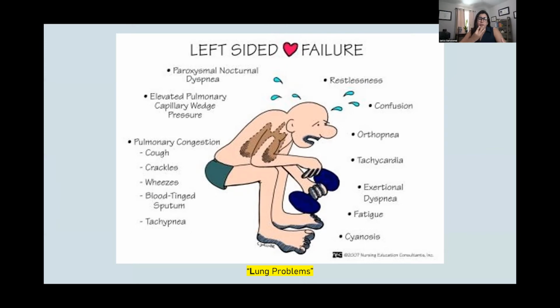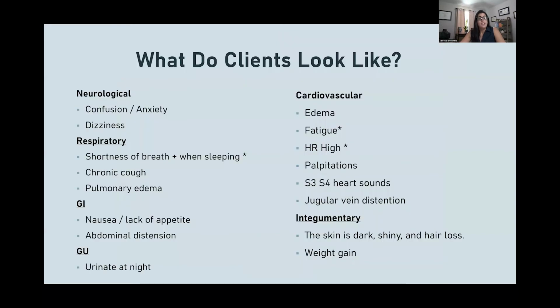You can have frothy sputum, sometimes blood-tinged because of capillary filtration. They have to sleep almost in a sitting position or elevated because they can breathe better, and they'll have wheezes as well. In general, these clients look like they have many of these symptoms that I just mentioned.